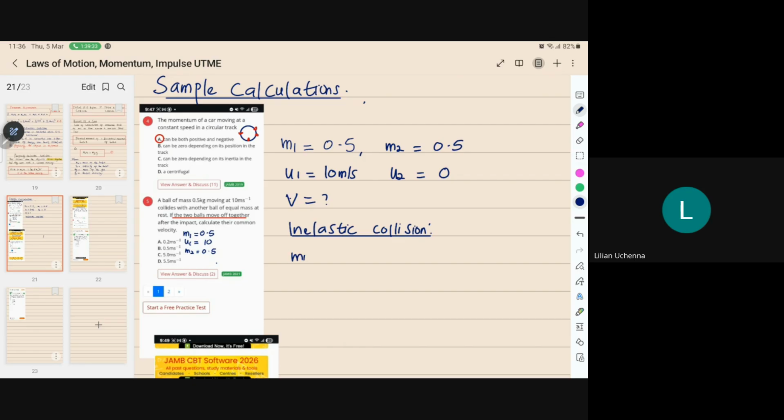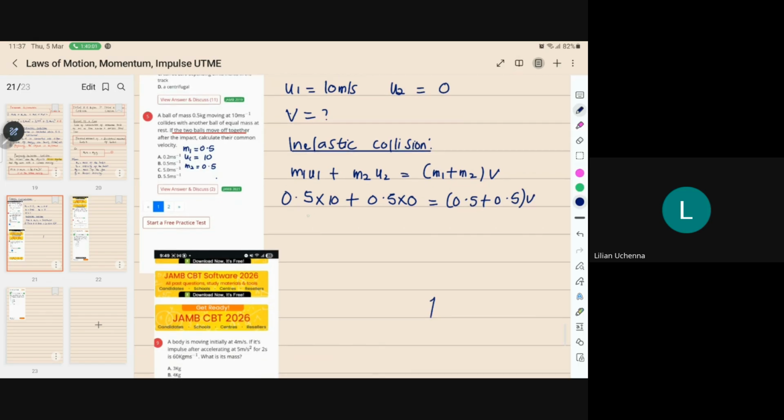So we're going to have M1U1 plus M2U2 is equal to (M1 plus M2)V. U1: 0.5 times 10, plus M2 is 0.5 and at rest, which is 0, is equal to 0.5 plus 0.5 multiplied by V. Now 0.5 times 10 gives me 5, plus 0 already. 5 is equal to 1V, so V is equal to 5 meters per second.